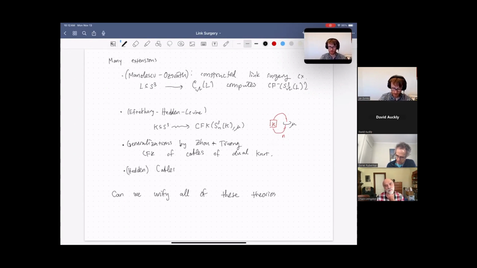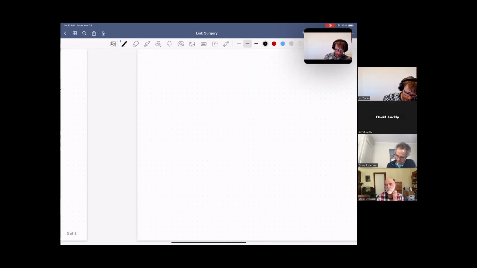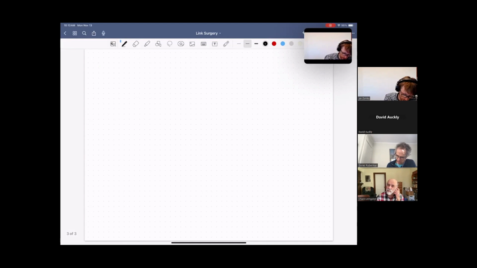Okay, and so maybe the goal of today's lecture is to describe a general proof of this. On the face of it, it doesn't appear to unify all of these theories, but the goal is to give a flexible framework which encodes all of these results.